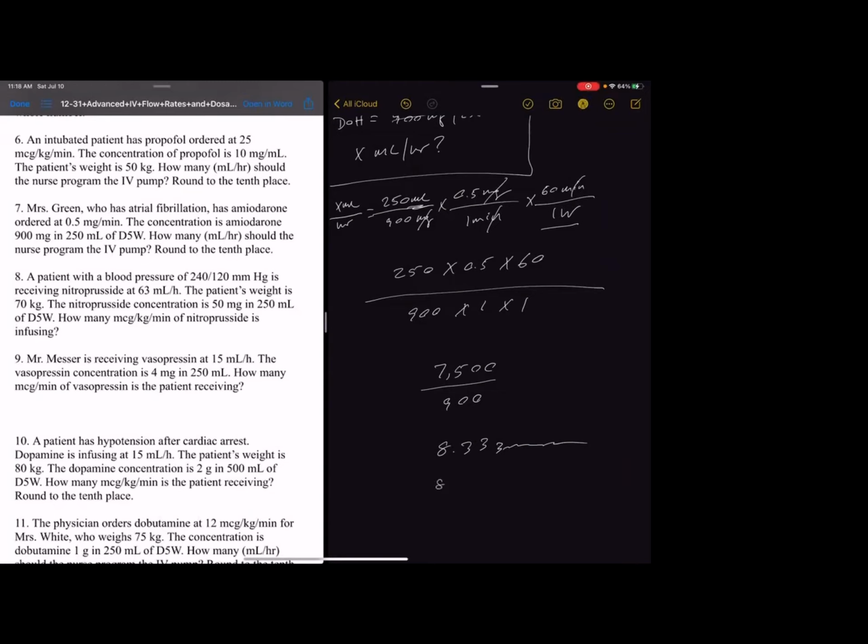So it's going to be 8 point what? I know it's everything after the decimal. That's the 10th place. We're going to use the next number to round to the 10th place. This number is 4 or under, so it stays the same, right? So 8.3 mL per hour.